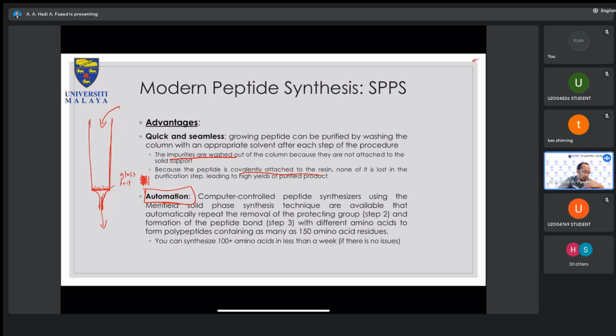Okay, so having this automation system, you can synthesize, like a high throughput synthesis, very quickly, within a week. In comparison, just to tell you guys, during my PhD, which takes about 3 years, I synthesized about 20 to 25 peptides, all successful ones, excluding all the failures.